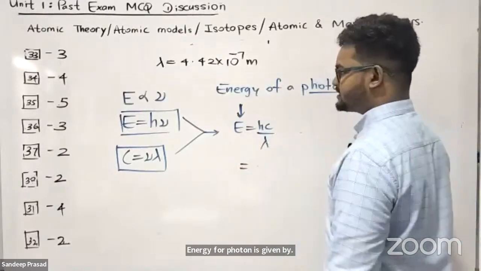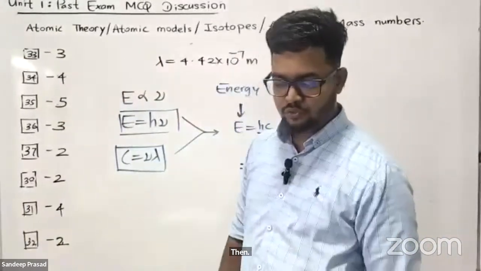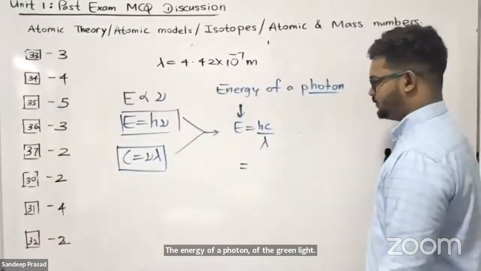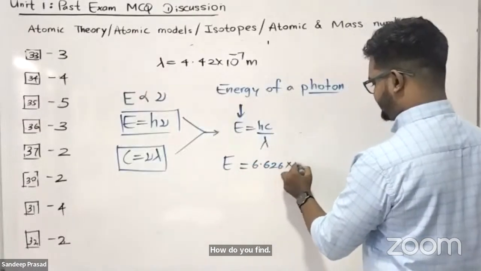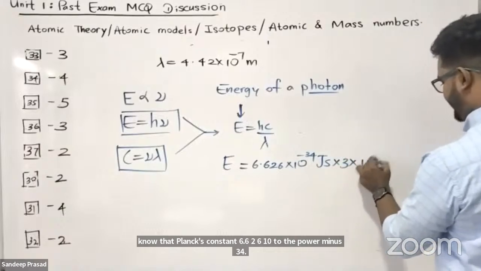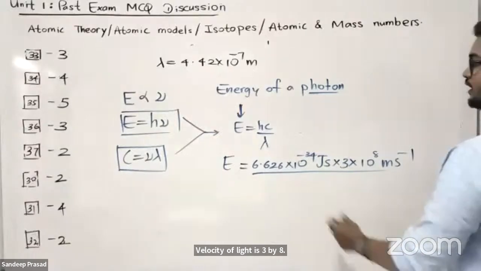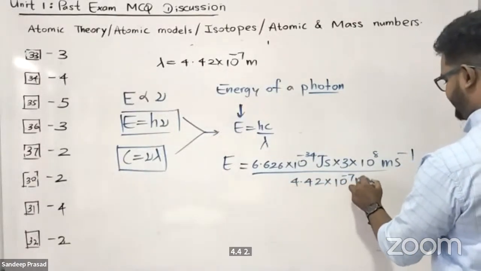Then here they are asking the energy of a photon of green light if lambda is given in this way. How do you find it out? We know that Planck's constant is 6.626 × 10^-34 joule seconds. Velocity of light is 3 × 10^8 meters per second. Divided by lambda, 4.42 × 10^-7 meters.